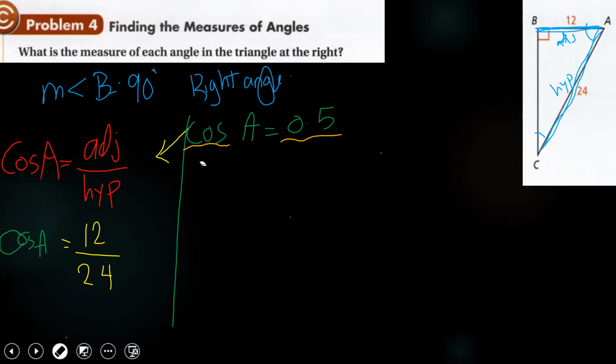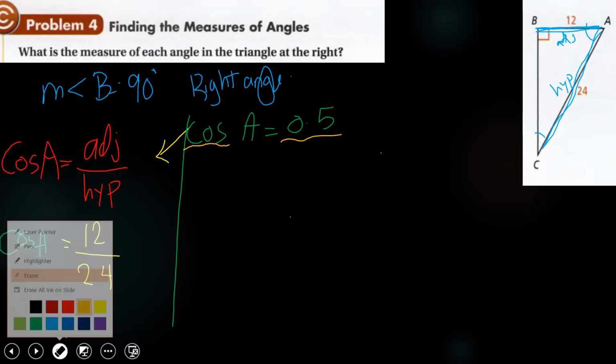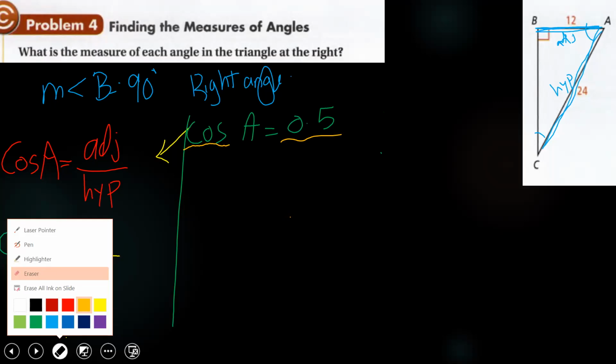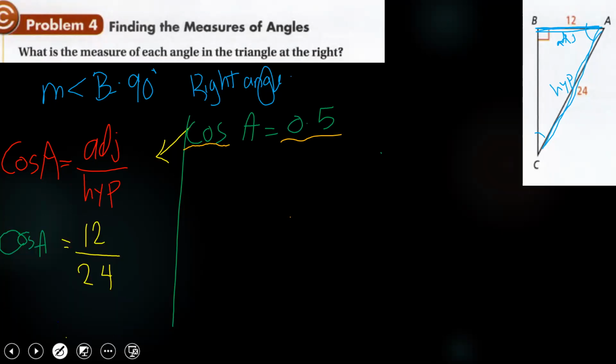Or in another example, if you multiply both sides by cosine inverse, the cosine inverse cancels the cosine, so A will be cosine inverse of 0.5.